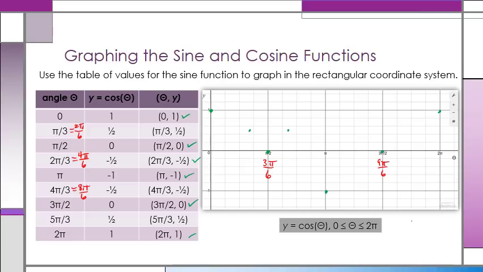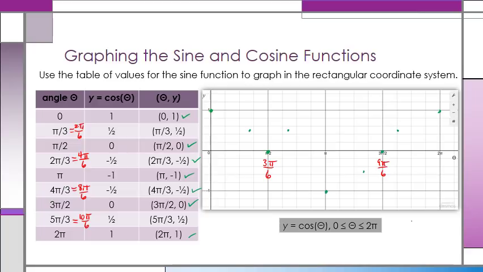So 8 pi over 6 would be just a little bit to the left of that, and I'm down at 1/2. So maybe something like that. All right, and the last one, 5 pi over 3. 5 pi over 3 is 10 pi over 6, so just a little bit to the right of 9 pi over 6, and I am at positive 1/2.